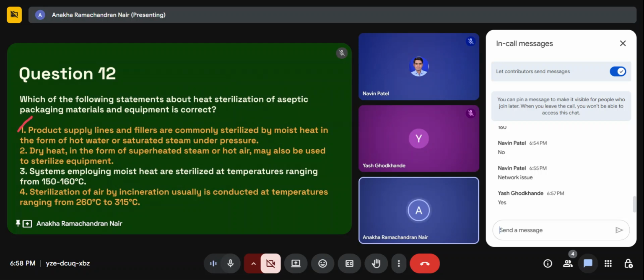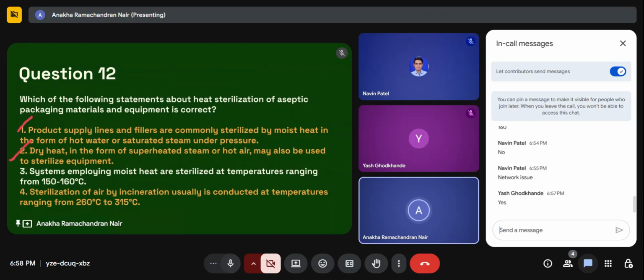So even if there is some small amount of remaining water on top of these instruments, it is not a problem. You can't do the similar thing with the actual product because it will increase the water content of the product. So for product supply lines and fillers, sterilization by moist heat as hot water or steam under pressure is used. That is correct.